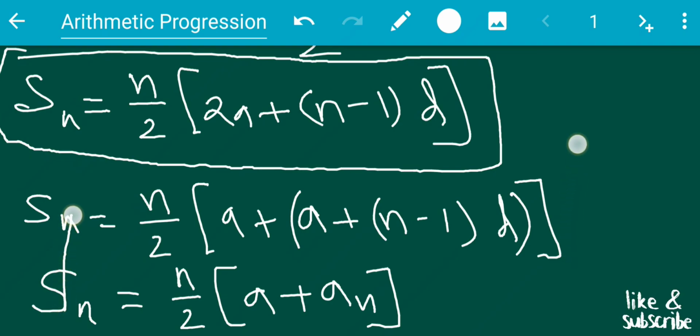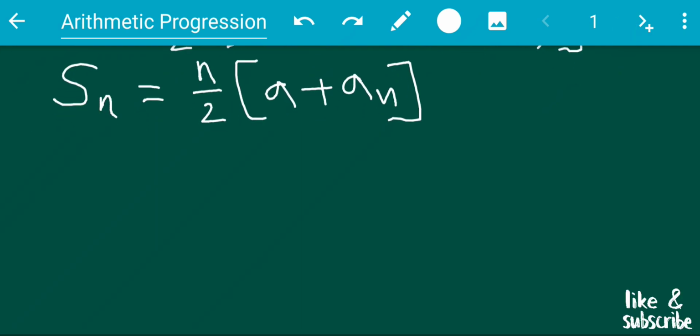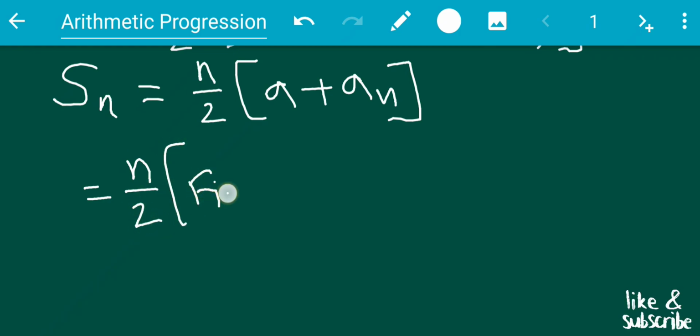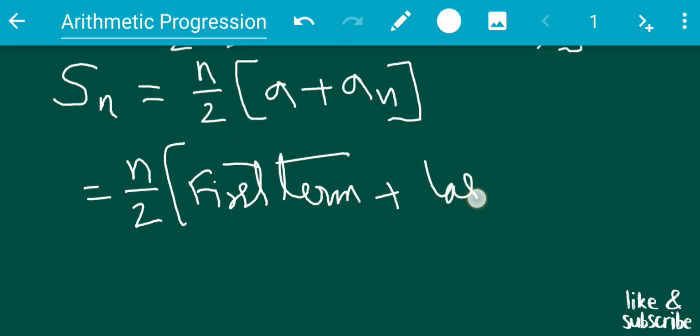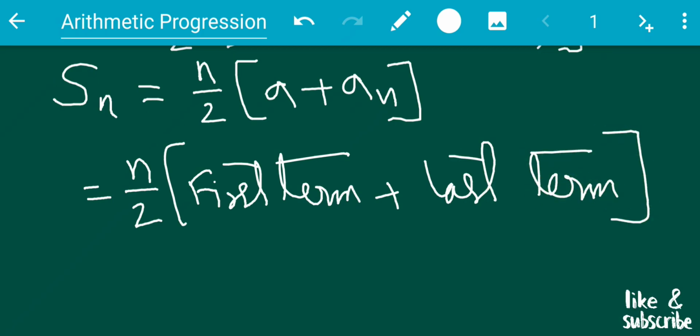So we can simply write this as number of terms by 2 into first term plus last term. Okay, so this is your Sn.